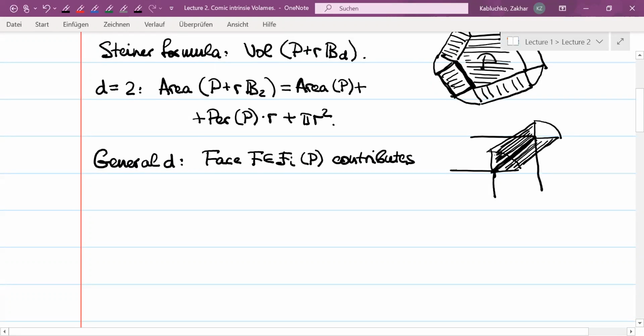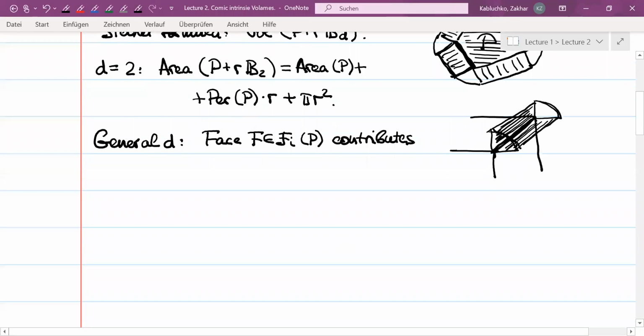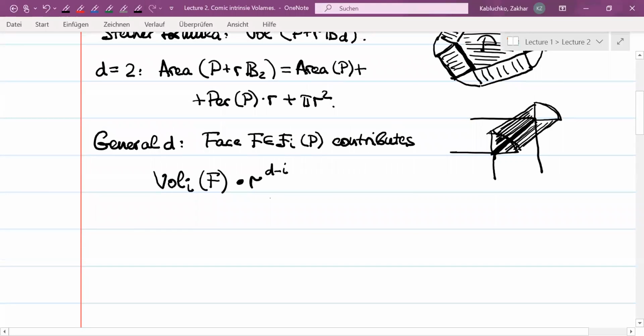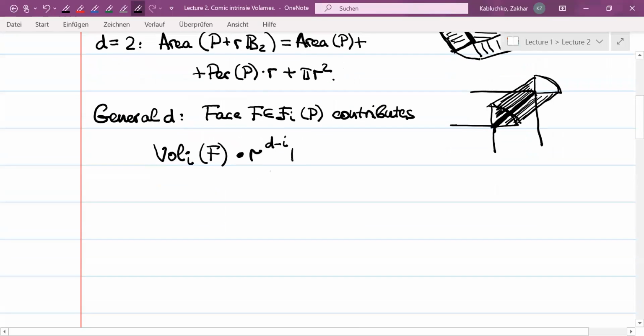It's this figure, and its volume is given by the following formula. First of all, we have to take the volume of the face, the volume in the i-dimensional sense. So in this case, it's just the length of this. Then we have to multiply it by r to the power d minus i, because it is the complementary dimension. And I would like to multiply it by the volume of the ball in dimension d minus i.